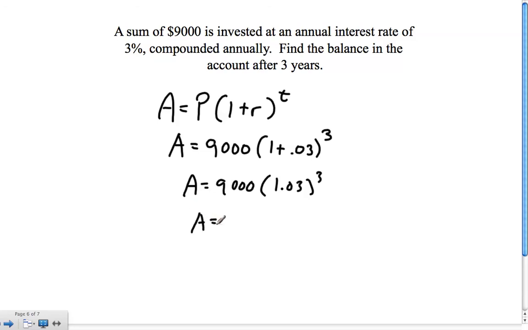We plug that directly into the calculator, and that's the number we use. It would be $9,834.54. So after 3 years, it gained about $834.54. That's simple annual interest, compounded once a year.